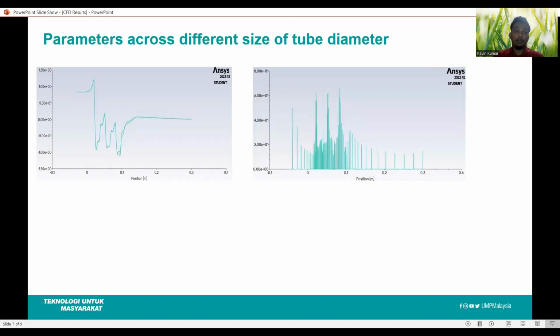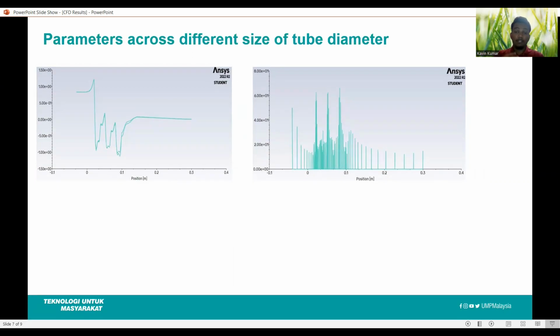And the next one is the parameters across the different sizes of tube diameter. As I informed earlier, the tube diameters taken are 3.75, 6.5 and 7.5 mm. We can see that the pressure drop increases significantly when the tube diameter is increased.